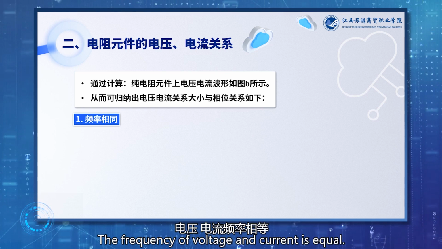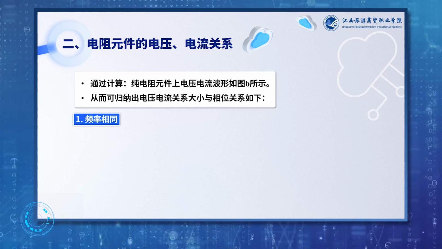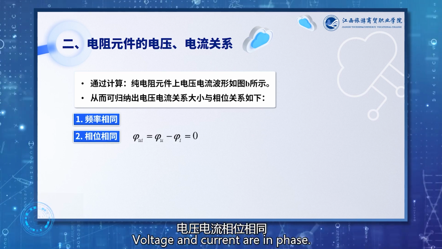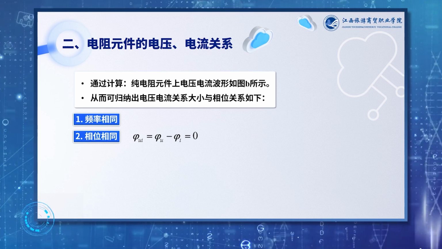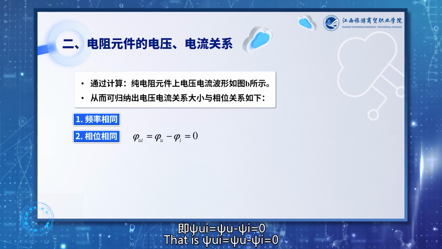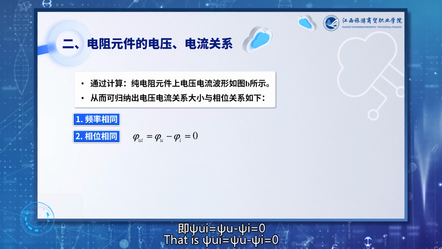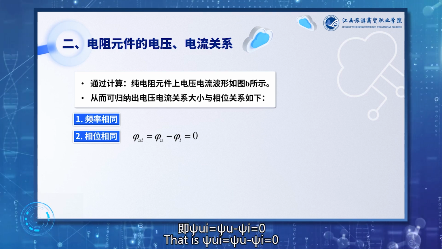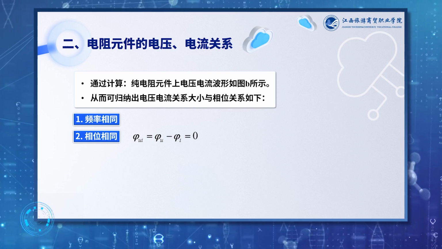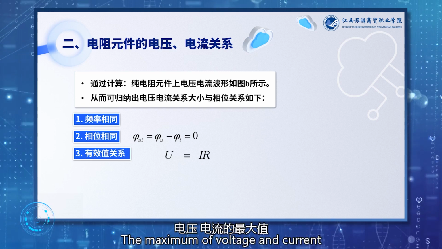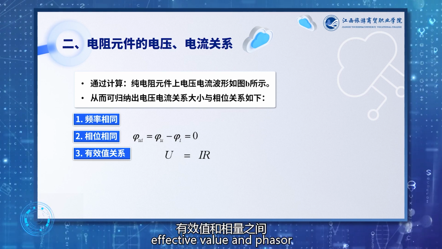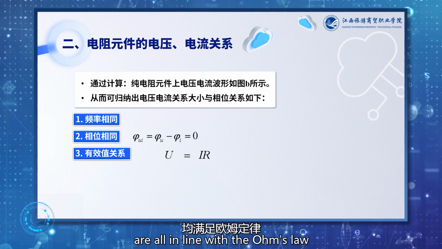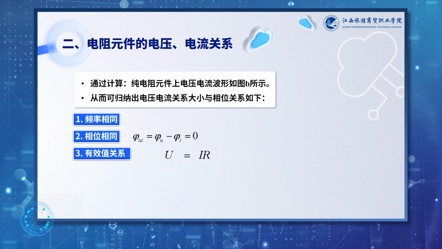The frequency of voltage and current is equal. Voltage and current are in phase, that is, phi ui equals phi u minus phi i equals 0.